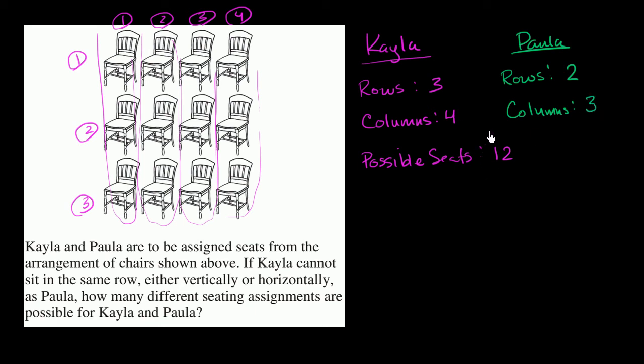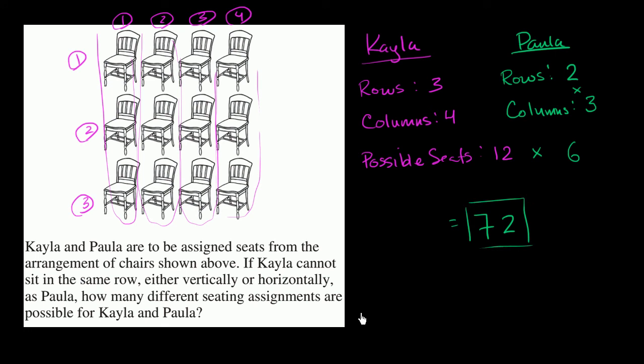So how many possible places could Paula sit? Well, 2 times 3, there's 6 possible seats for Paula. So if you look at all of the permutations, there's 12 possible seats for Kayla and 6 possible seats for Paula. 12 times 6 is equal to 72 different seating arrangements.